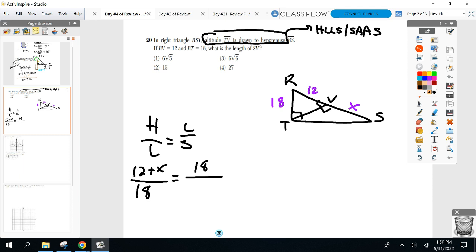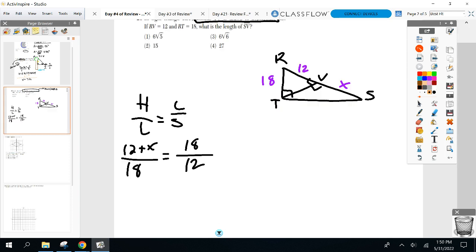What leg are we using? 18. What's the segment adjacent to it? RV. Which is 12. That's the one we use. I bet if you plugged X in, that number's there somewhere too on the choices. All right, go ahead, cross yourself up.